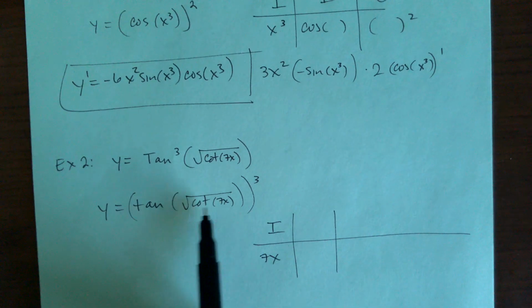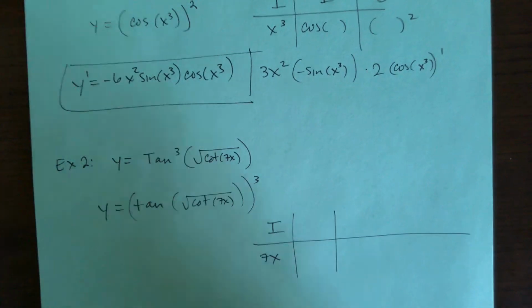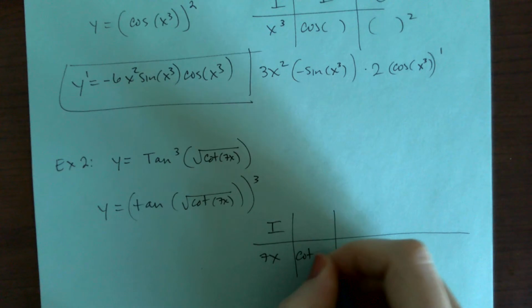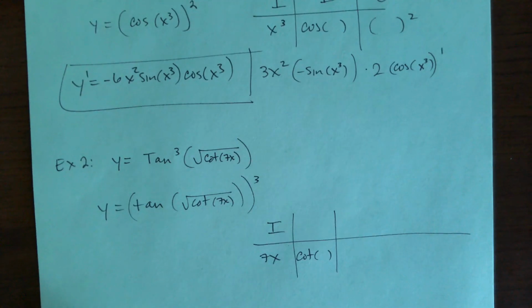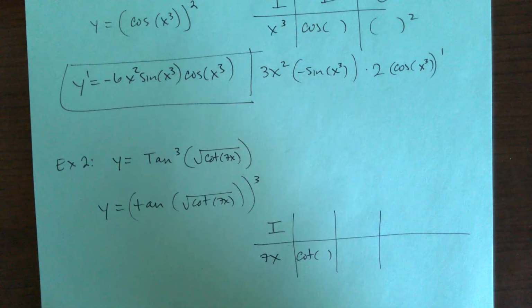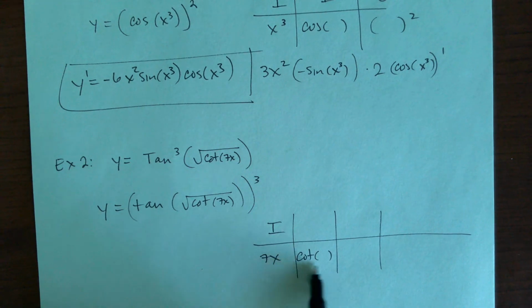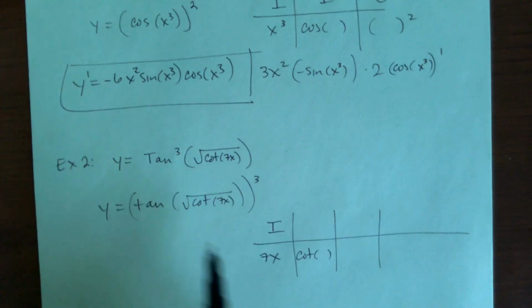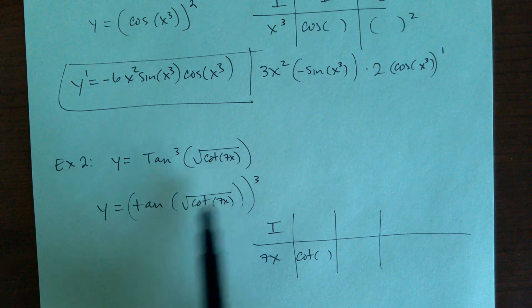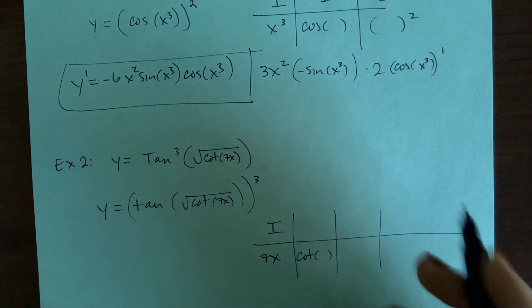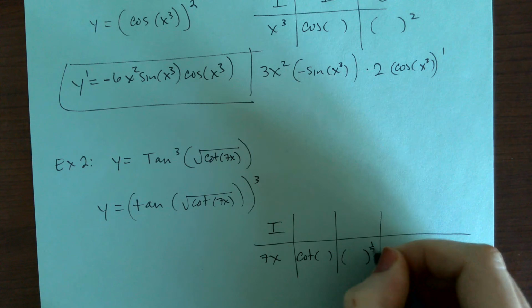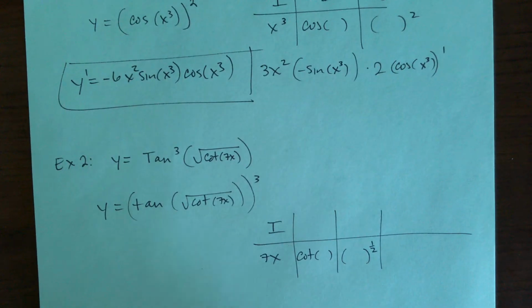The 7x is being put into a cotangent function. And then what is happening to this cotangent function? This cotangent function is being put into a square root function. So I'll go blank to the 1/2 for that square root.